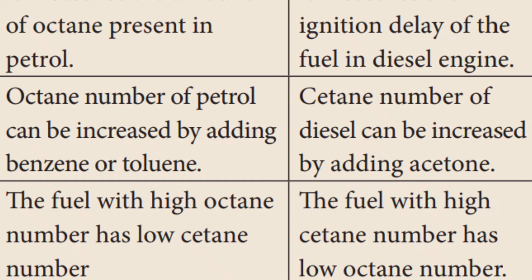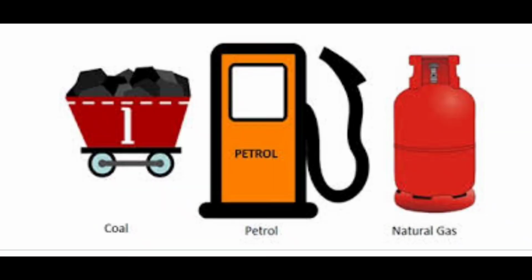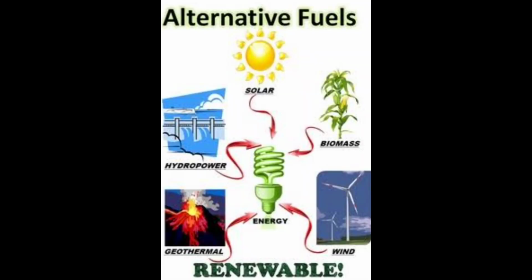Next, we move on to alternative fuel. What do you mean by alternative fuel? If this coal depletion takes place continuously, then there will be demand for fuels. So we have to find alternative fuel, because the natural resources in the world have been used by man in a rapid way and they will be exhausted soon.